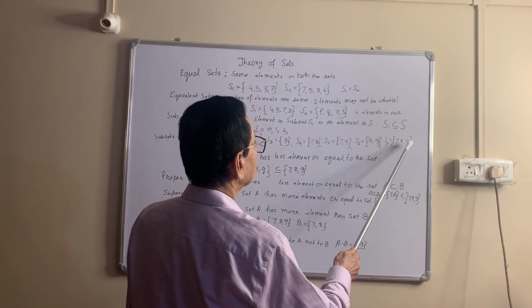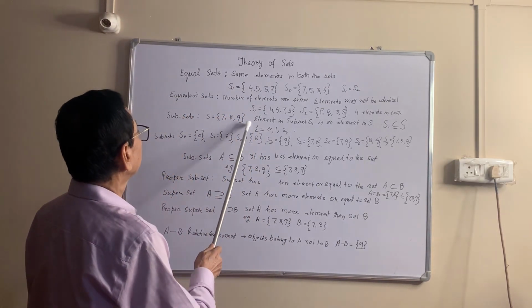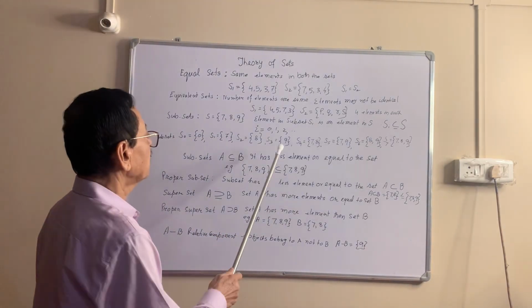So there will be 8 subsets of this. From this set, you can form these subsets.